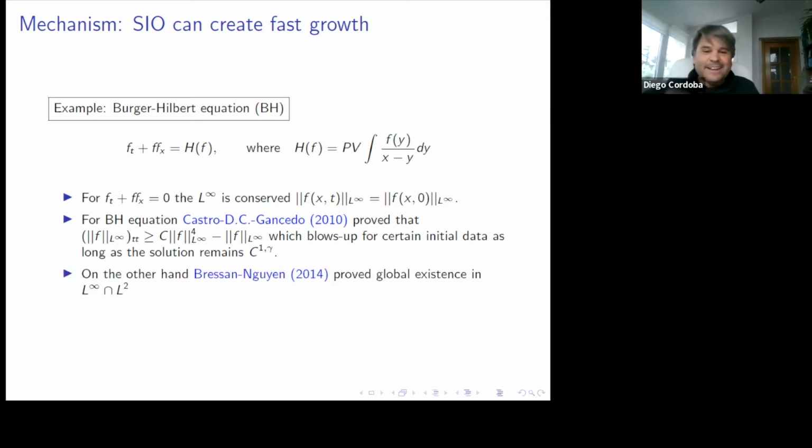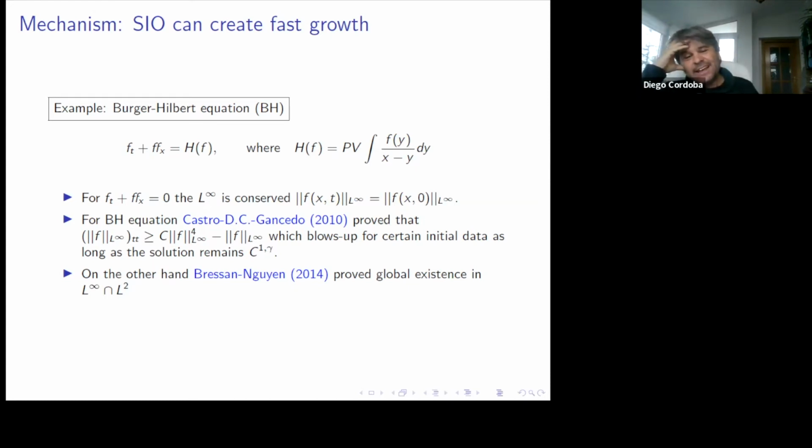But later, in 2014, Bersan and Nguyen proved that actually there's global existence in L infinity intersected with L2. So the L infinity norm of F is bounded; for each initial data, you have a bound. So our pointwise inequality is not wrong.